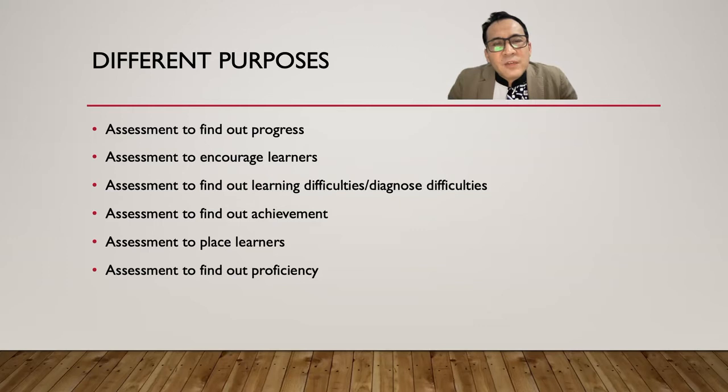By having such kind of assessment, you will be given information about your students, and you can encourage or motivate the students if they are not on task or on track. So this is assessment to encourage learners. The third one is assessment to find out learning difficulties.